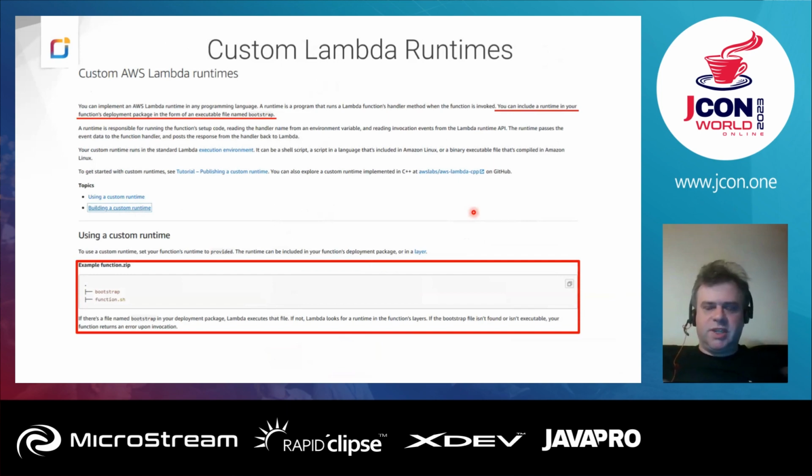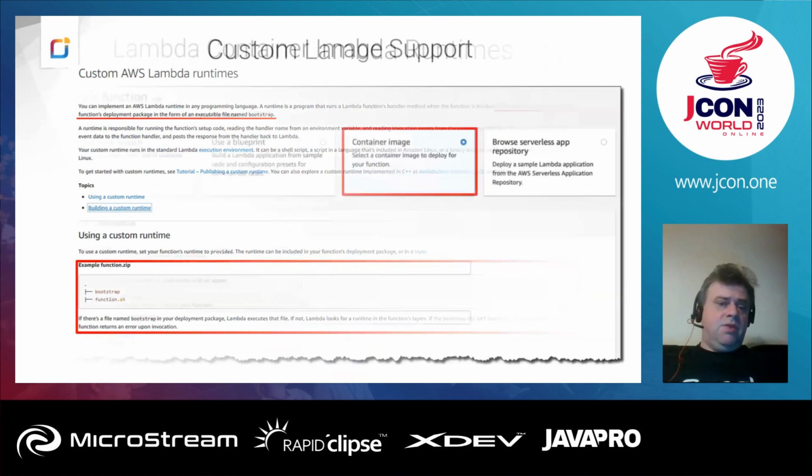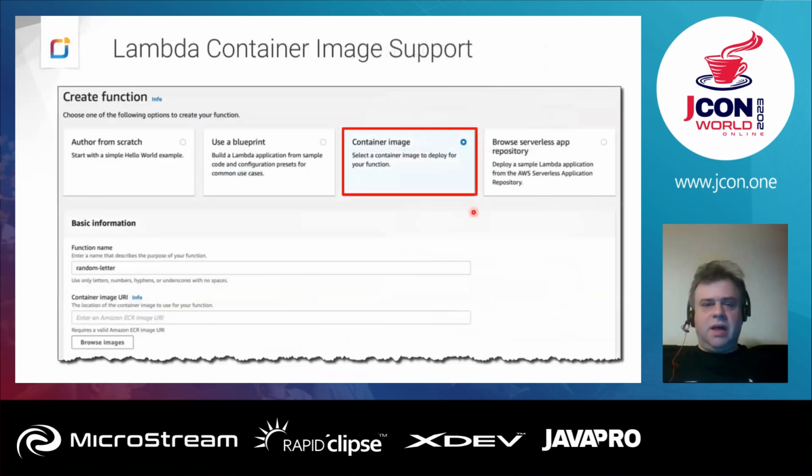In that, you have the bootstrap file, which then contains the native image, in the case of GraalVM, the GraalVM native image. So this is one way you can use GraalVM. Another way is to use a Docker container image, which is also supported by Lambda, and pack the GraalVM native image within the Docker. A bit of a strange way, but it will work.